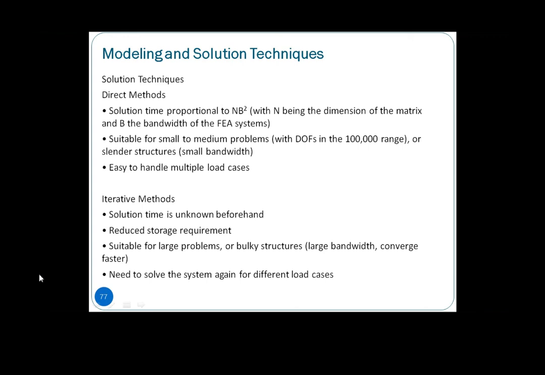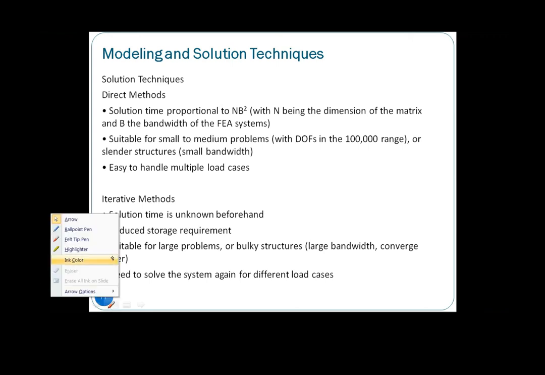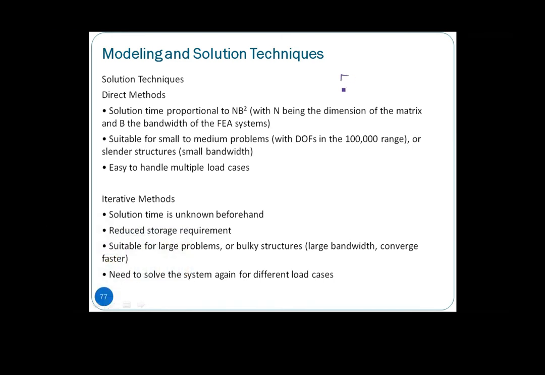When we talk about the size, let's say this is your K itself, then this is your size, let's say a 10 times 10 matrix, right? The bandwidth, if you still remember, is this diagonal, and this is your bandwidth now.